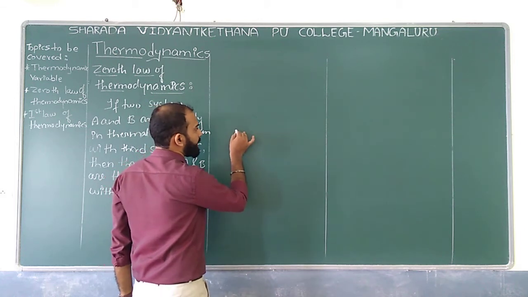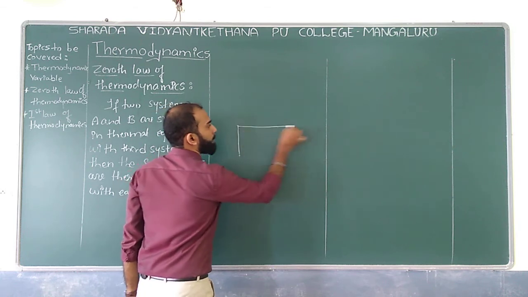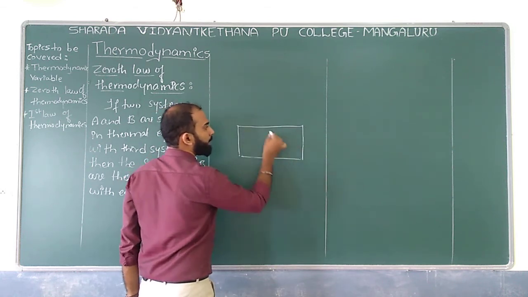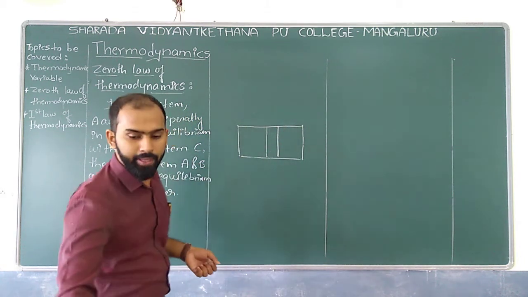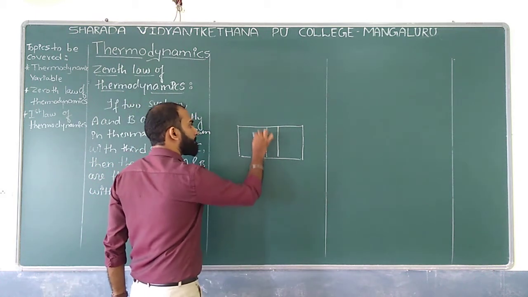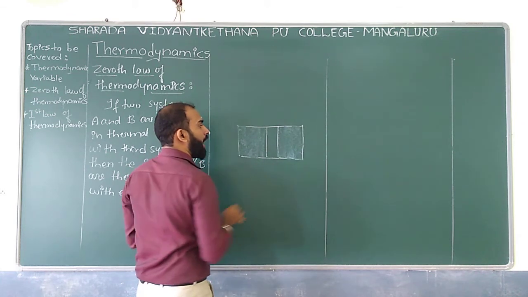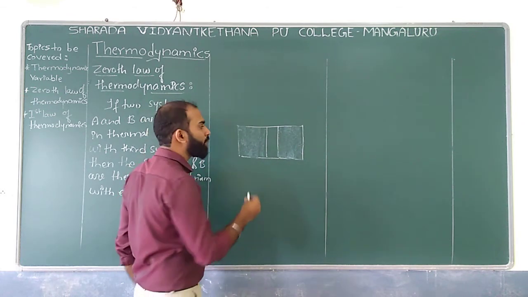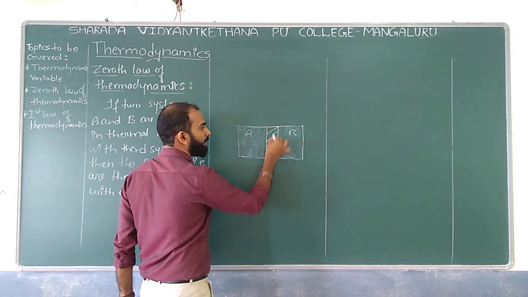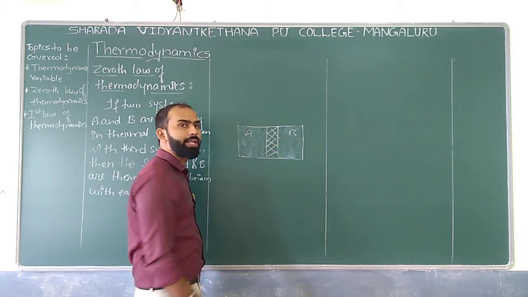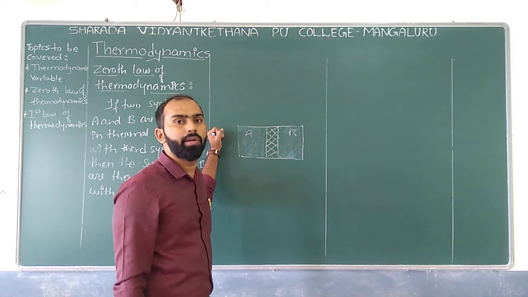Let us consider two systems over here, one is system A, and the other is system B. Now I place one adiabatic wall between system A and system B. What is the wall? Adiabatic wall. What do you mean by adiabatic wall? It is a kind of wall which doesn't allow heat to pass through it.